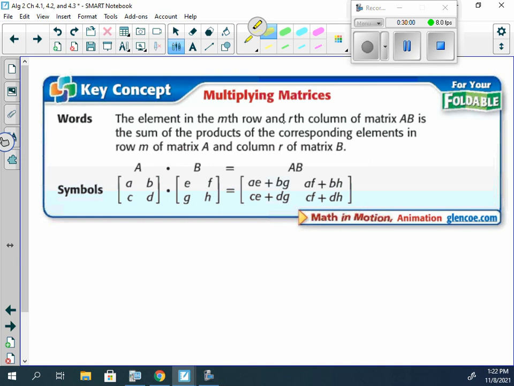With multiplication of two matrices, really what we're going to do is an over and down method. Whenever we multiply two matrices, we're going to multiply over and down. And this gives us the first element.